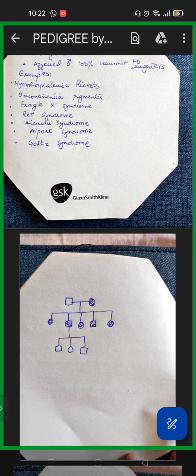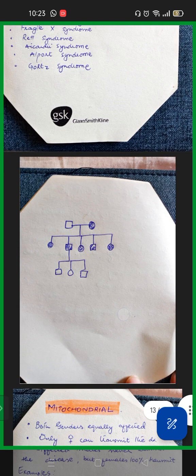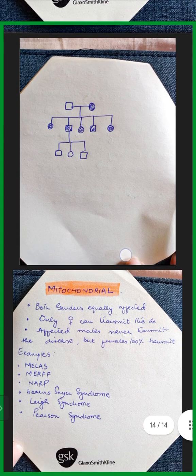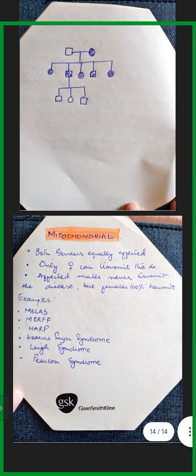But if there is an affected female, then all of the offspring, whether four or five, are affected. This kind of pedigree, where an affected female has all offspring affected, is mitochondrial inheritance. The best examples are MELAS and MERRF, Pearson syndrome, and Leigh syndrome.